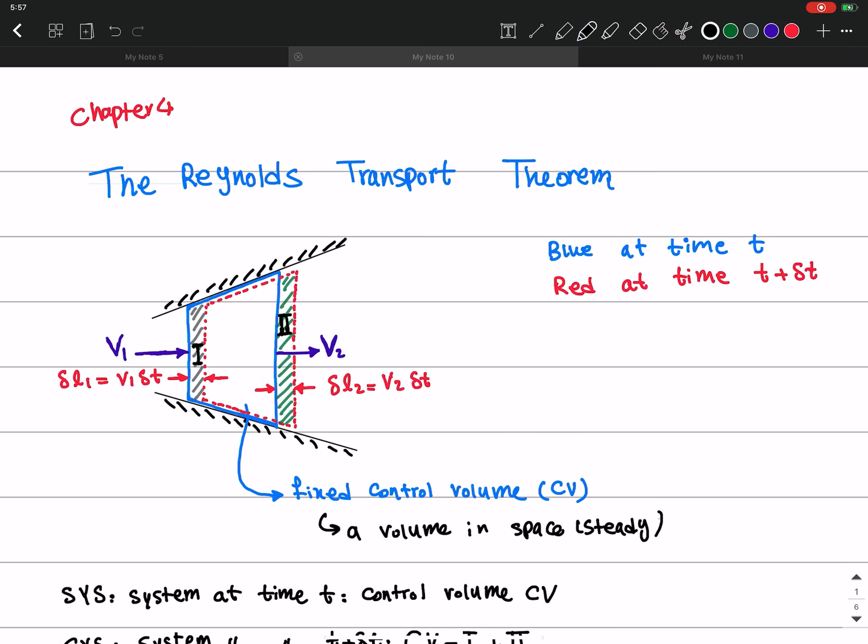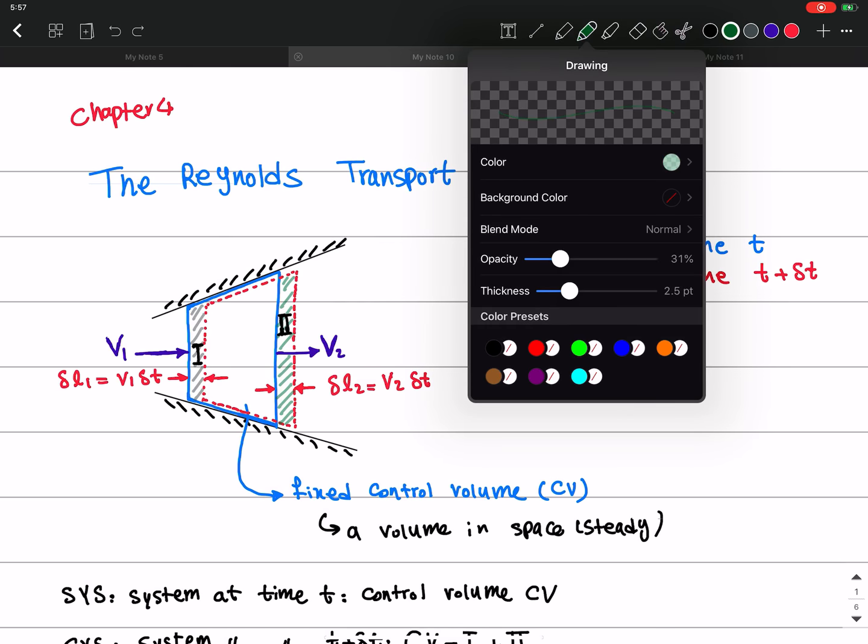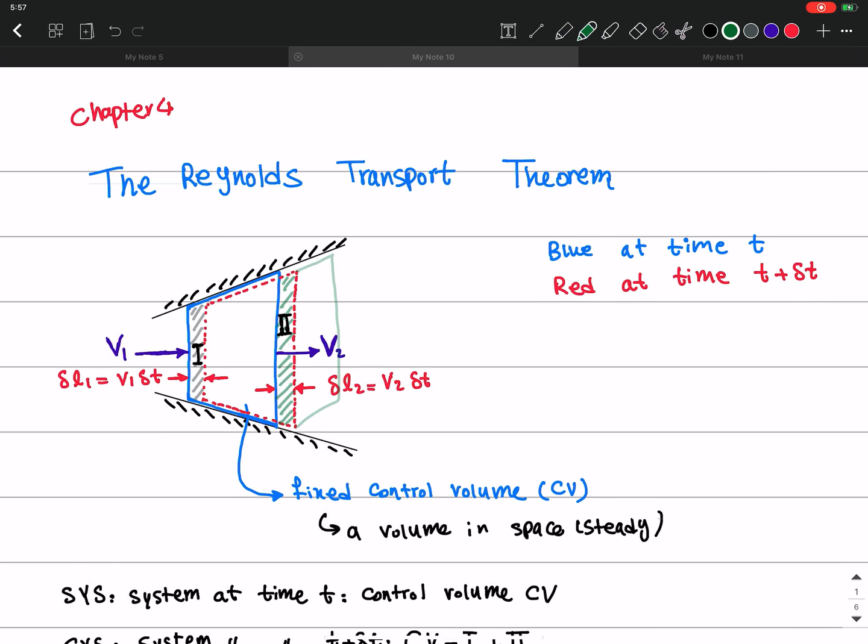If you have a 3D flow, say this has an area A2, the volume of 2 is going to be delta L2 times A2, right?